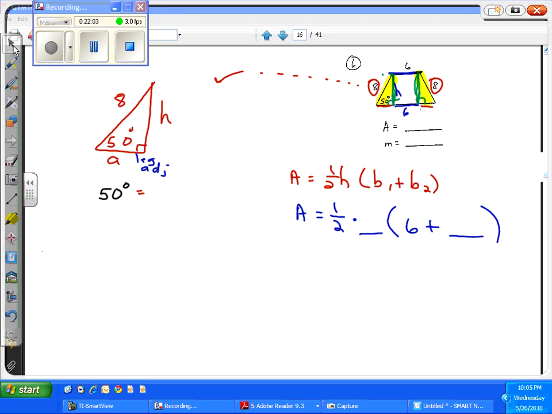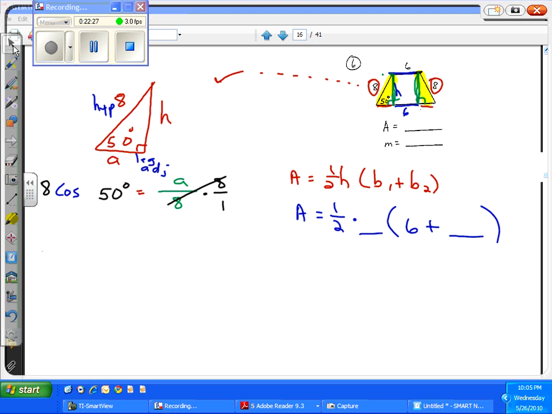A is the leg adjacent to 50. 8 is the hypotenuse. Leg adjacent hypotenuse is cosine. Cosine says you put leg adjacent A over hypotenuse 8. We could undo division by 8 by multiplying by 8, or you could cross multiply.